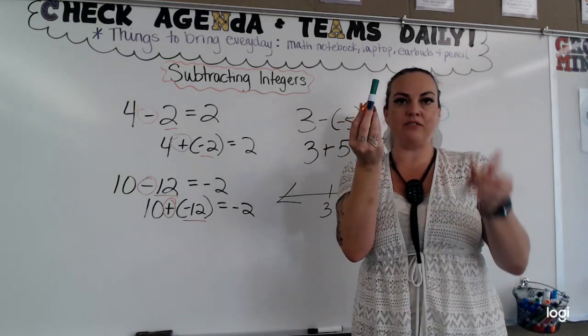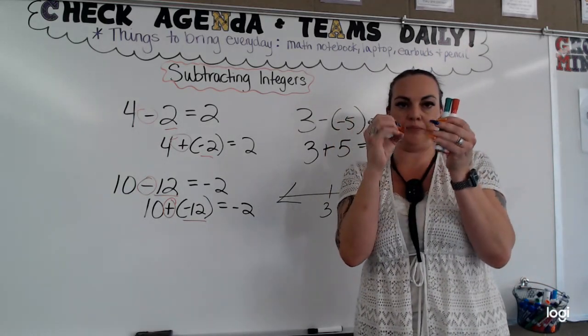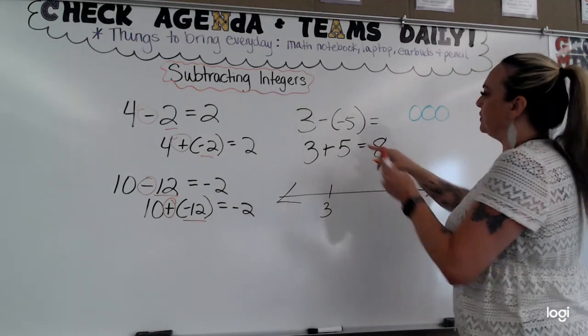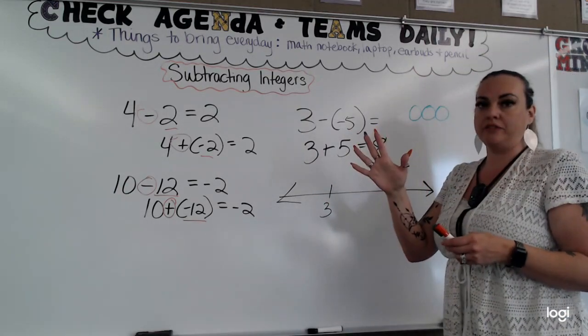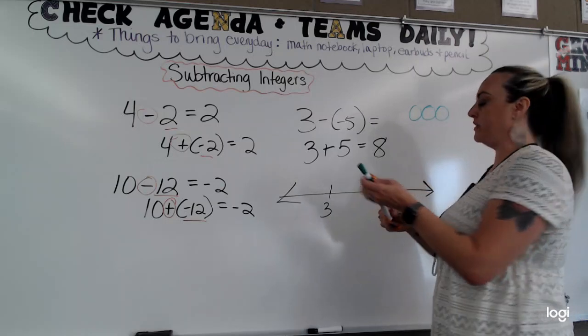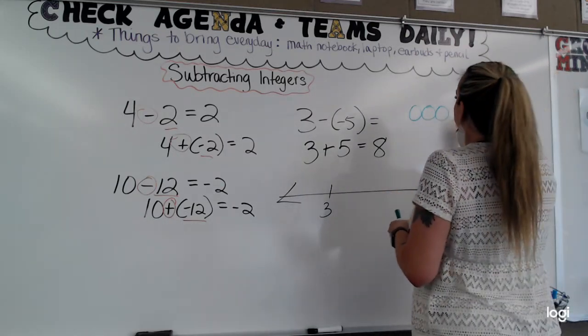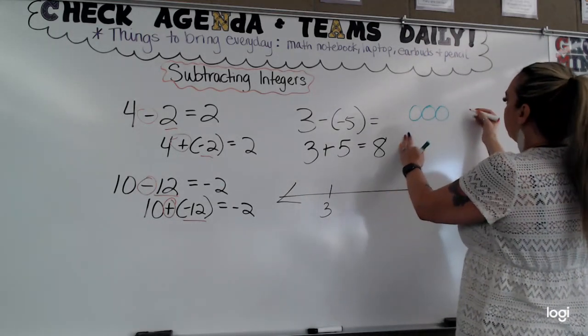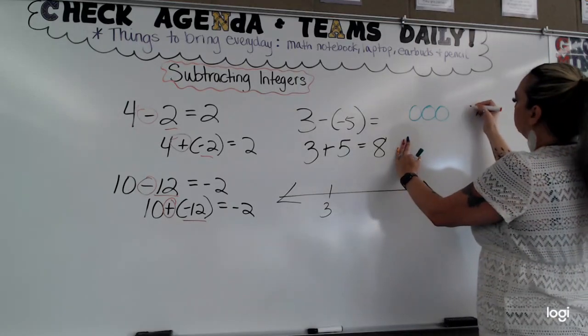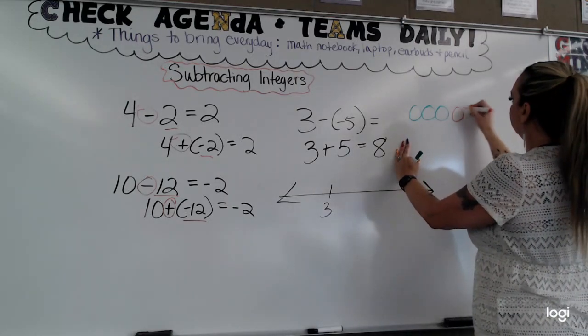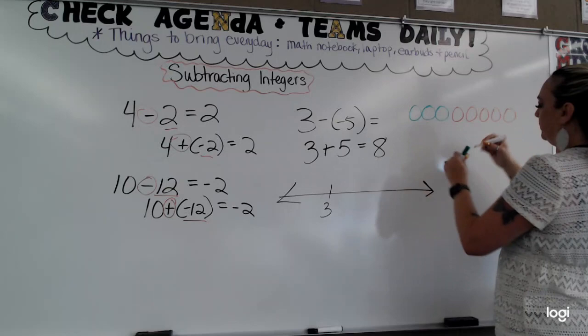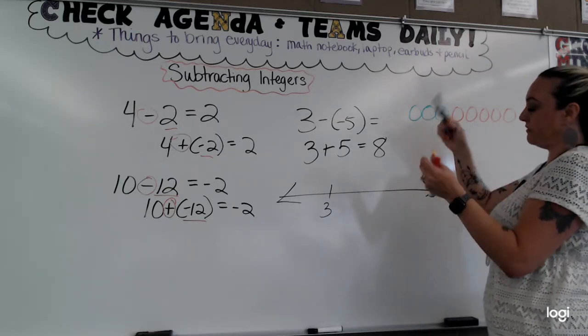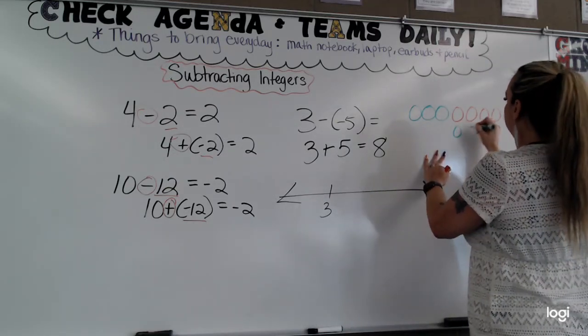A positive and a negative together is 0. How many negatives do I need to take away? I need 5. So I need 5 0 pairs. So now I'm going to add to this. 1, 2, 3, 4, 5. If I put 5 negatives, I put my 5 positives with it to make it balance out.